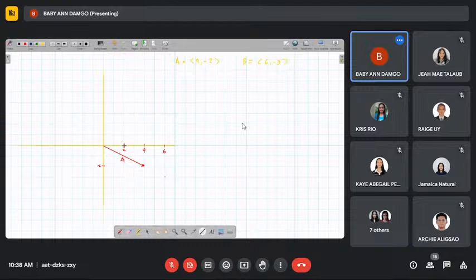So, this point. And then the y here is negative 3. So, 3 units below. So, 1, 2, 3. Okay, so we have this point.